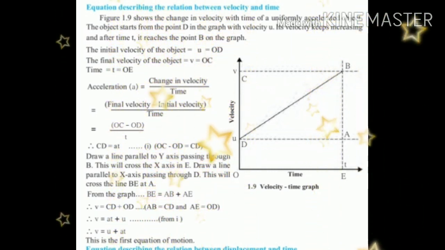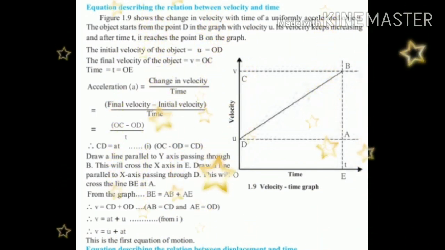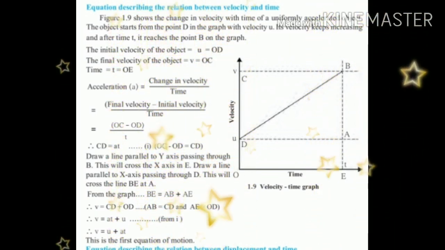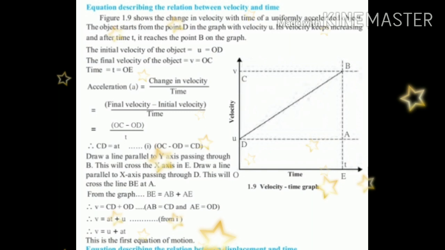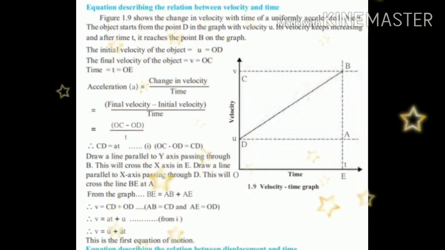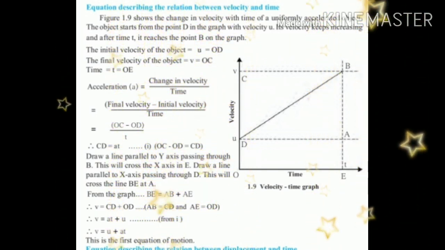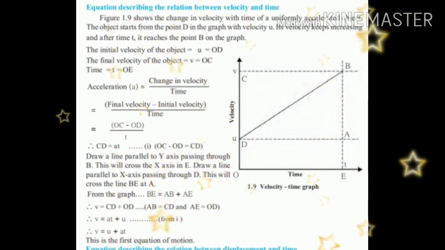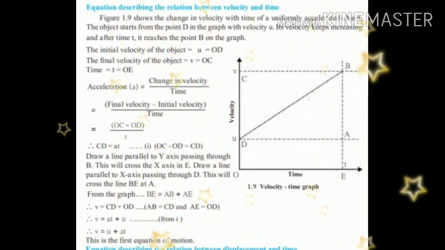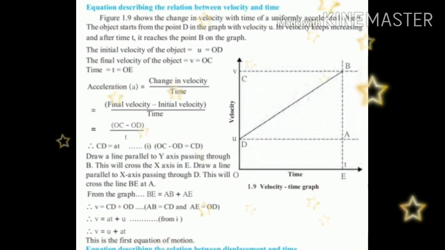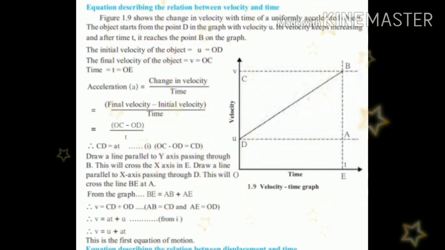Therefore, v is equal to at plus u, from equation number 1, because CD is equal to at. Therefore, v is equal to u plus at. This is the first equation of motion and it gives the relation between the velocity and time.